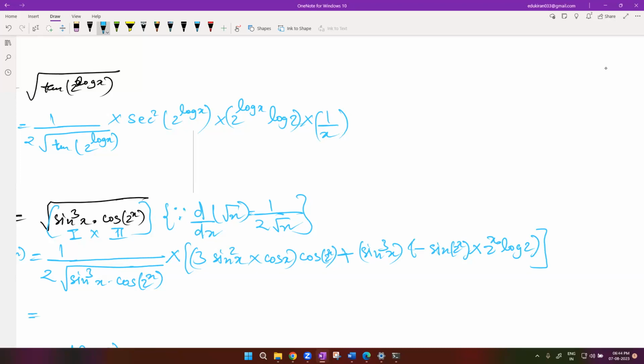So we can further write this as 1 by 2 g(x) into, we can take sin square x common.